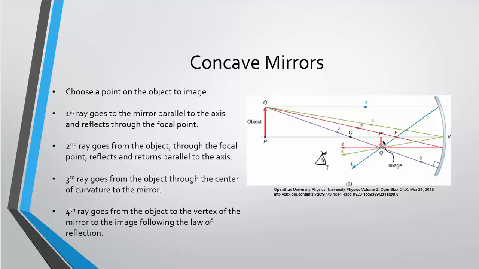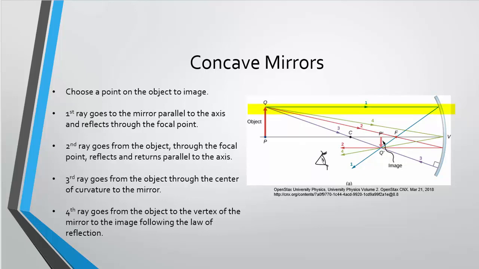So you're going to choose a point on an object to image, and a lot of times the easiest way to do this is to just assume everything you're imaging is going to be an arrow and start at the point of the arrow. That means that the other point you need for the image, because it takes 2 points, can be where the object intersects the axis.